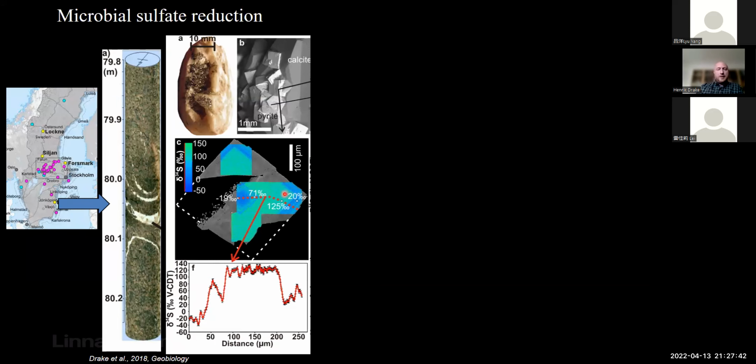And if we look into the signatures of microbial sulfate reduction or bacterial sulfate reduction, we have used a lot of both SIMS spot analysis, but also ion imaging with SIMS, where we can do line scans. And this is a collage of 4 ion images on a crystal. There is a SEM image in the bottom, and then I draped them with ion imaging from SIMS that reflects sulfur isotope composition.